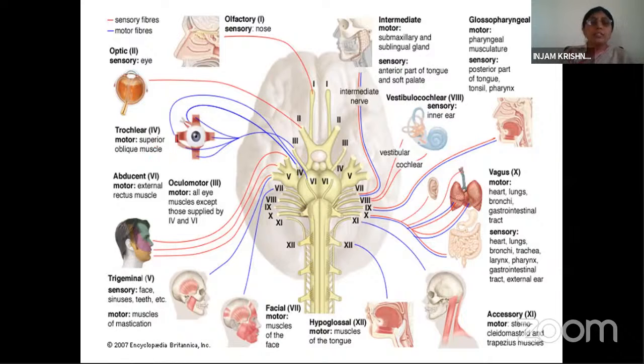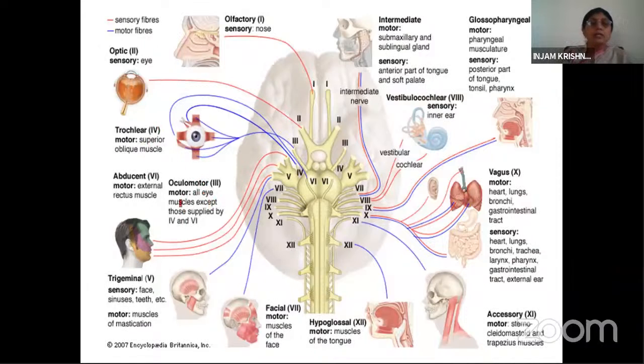These are the motor nerves. They arise from the midbrain and reach all the eye muscles, oblique muscles and ciliary muscles. This is about the third and fourth.